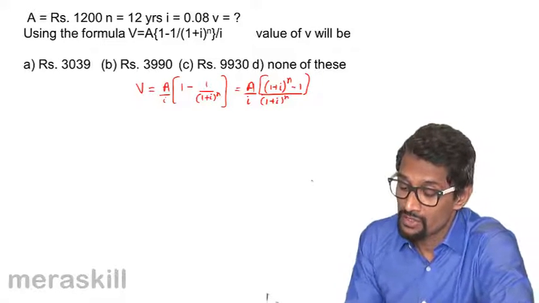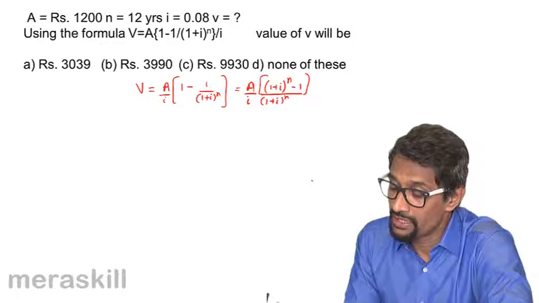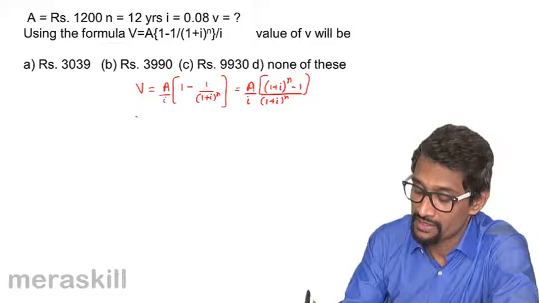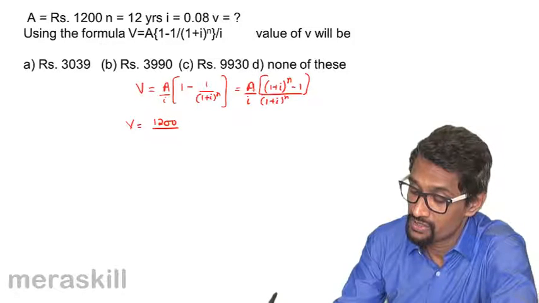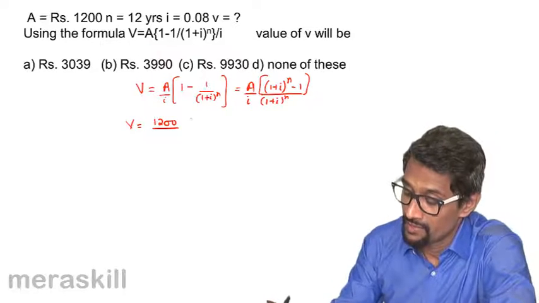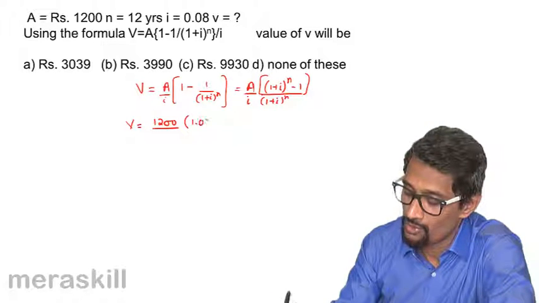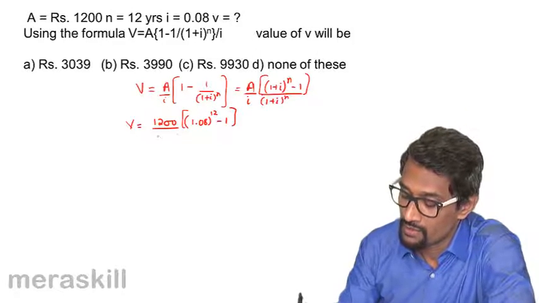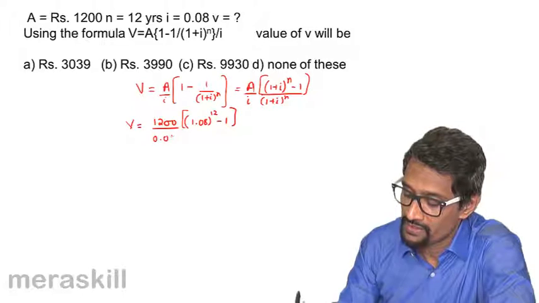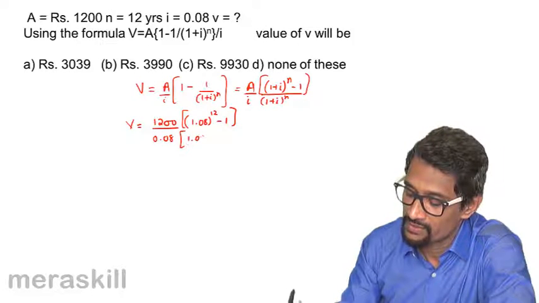So they have asked what is the value of V, right? So V is going to be what? 1200, which is A, 12 years. So it's going to be 1.08 raised to 12 minus 1 upon 0.08 into 1.08 raised to 12.